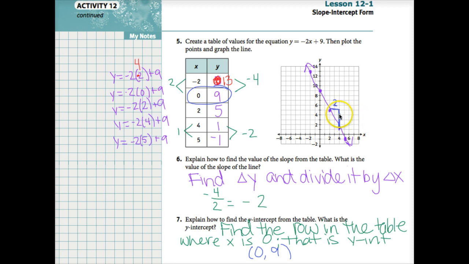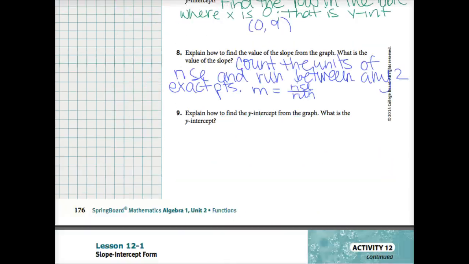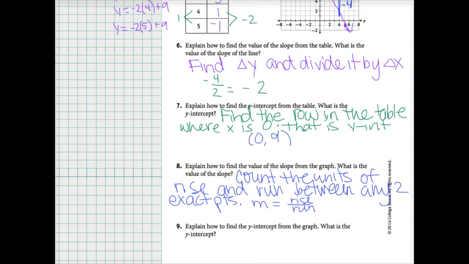Then I went down 1, 2, 3, 4. Remember, down values along with left values are negative. So my rise is -4, and my run is 2, which gives me -2. Again, notice that's the same thing as what we got in 6.